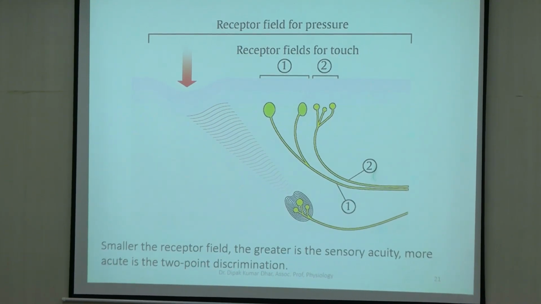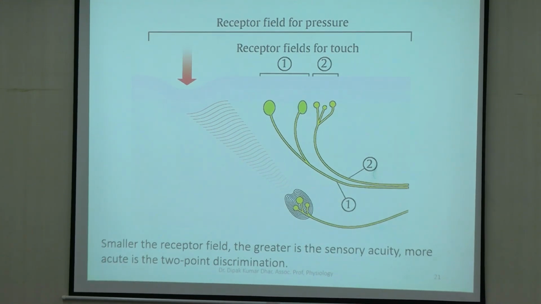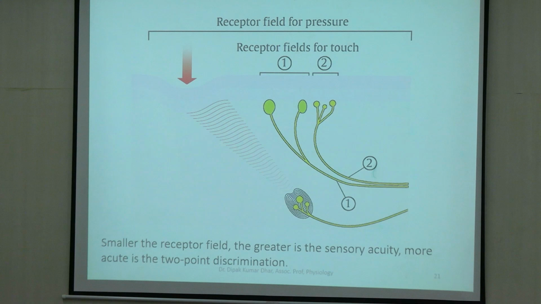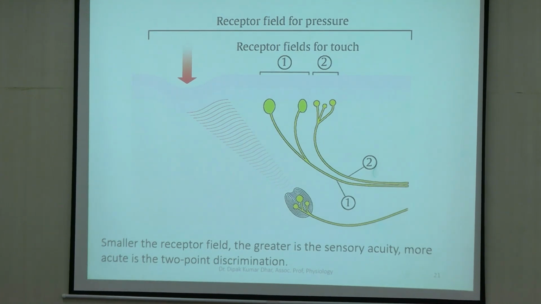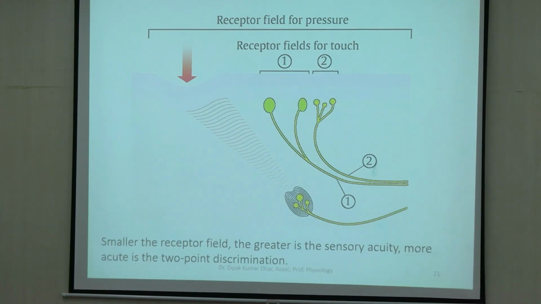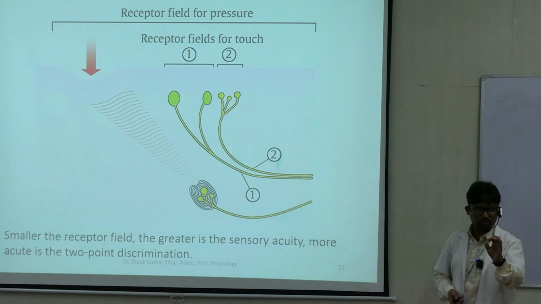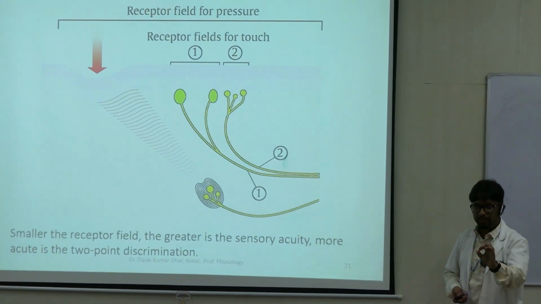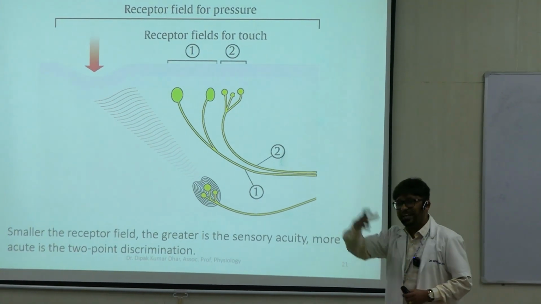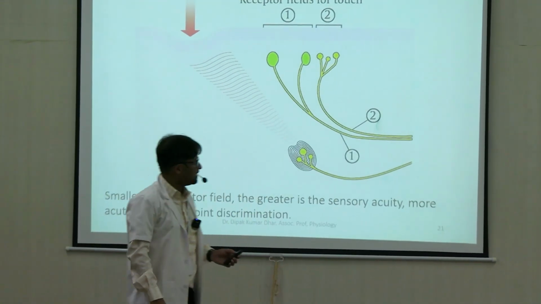The smaller ones. Deeper ones, because they get information from a larger area of the skin, do not participate that much in discrimination, 2-point discrimination or localization. So for localization or discrimination, these are the ones which are more important. Why? Because their receptive fields are smaller. So the point to point signal fidelity, the precision, is better when the receptive fields are small.